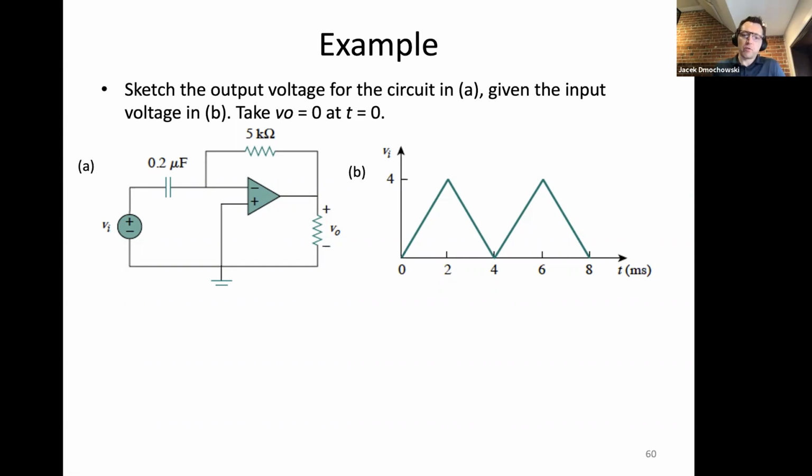So first of all, before we do the math, what is the shape of V naught going to be here? It's gonna be a step graph. Yeah, that's very good. Step, yeah, square wave, those are both right. They're square waves.